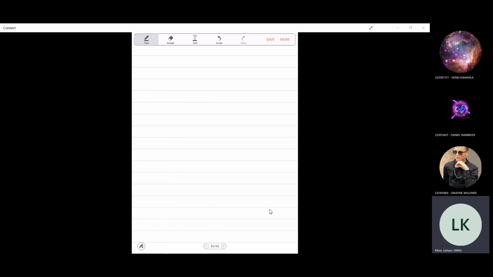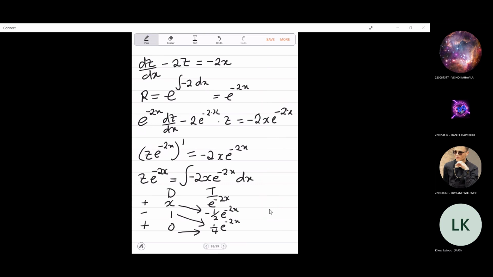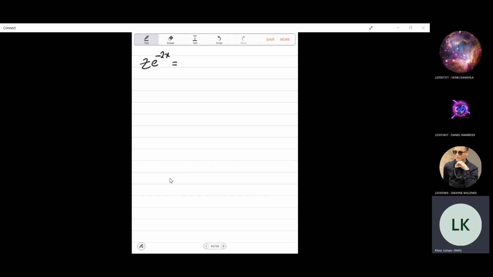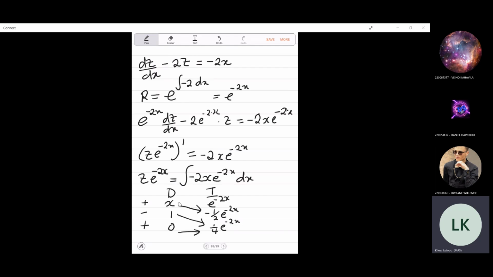So we have z times e to the power of -2x. This is equal to, remember this negative 2 here, we took it out. So we have -2, and then our first term, we said it's x times this.